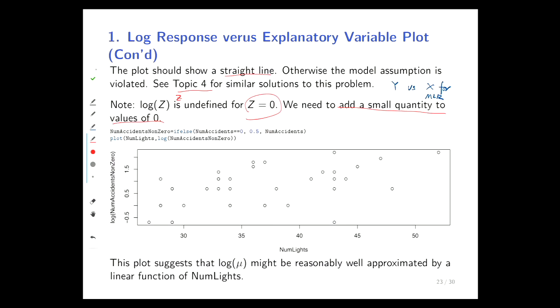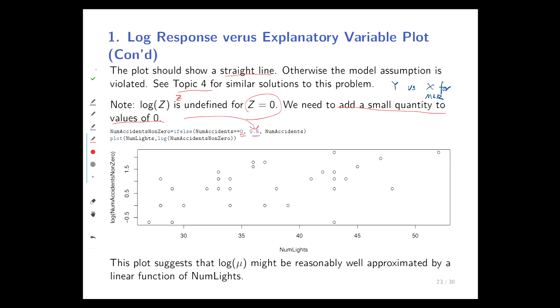So in order to do that, firstly, we need to consider the 0 observations. So if the number of the accidents equal to 0, we add a very small quantity, and here we add 0.5. Otherwise, we have the exact same value.